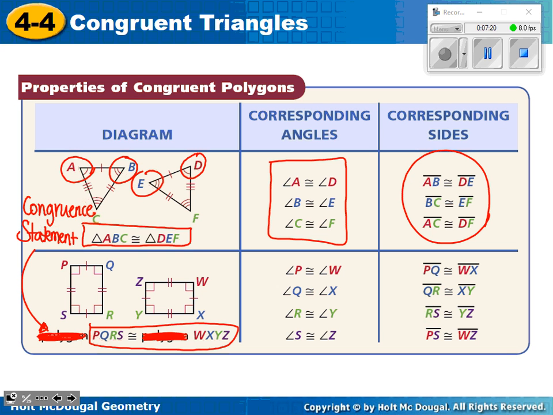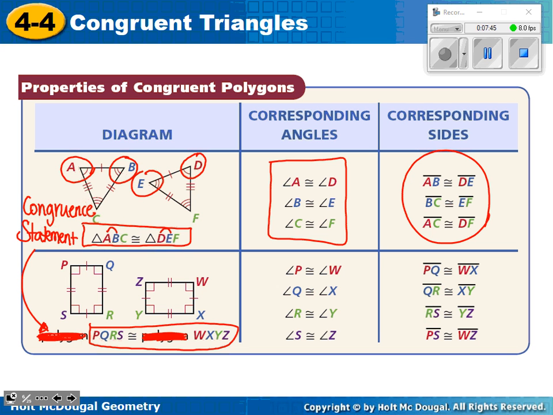You are saying angle A is congruent to angle D. Angle B is congruent to angle E. You're also saying side AB is congruent to side DE. So the way you name your congruent statement tells you all the information in your picture. If you don't name it correctly, then it's going to be wrong.